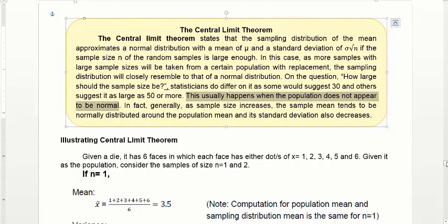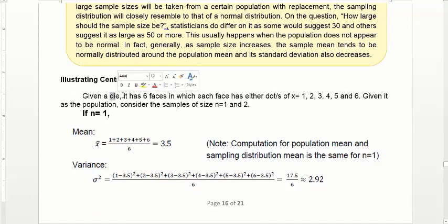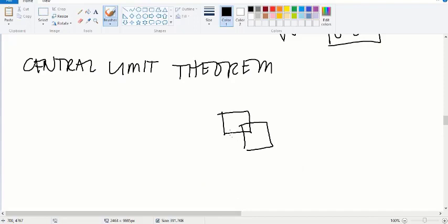So let's try to solve and illustrate the Central Limit Theorem. For example, we have a die. Again, die is the singular of dice. We know that a die has how many faces? Six! Okay. There is a time when it shows 1 dot, then 2 dots, then 3 dots, and so on. Those are the possible outcomes for a die.